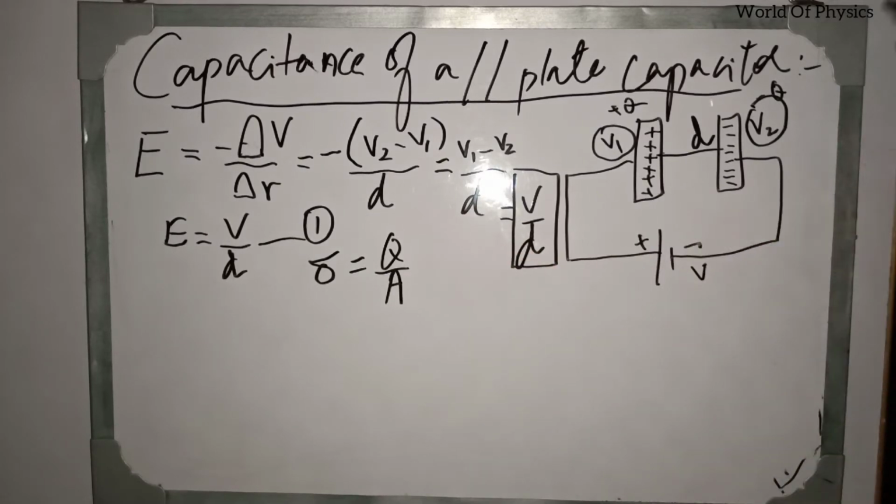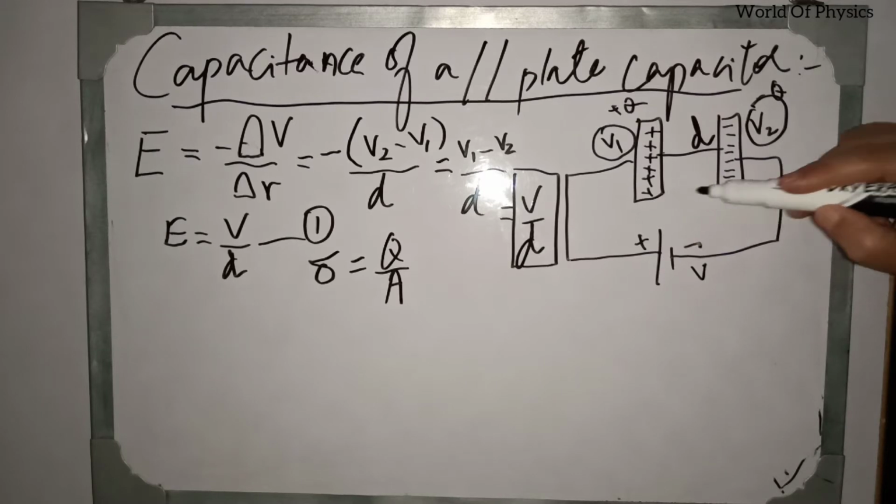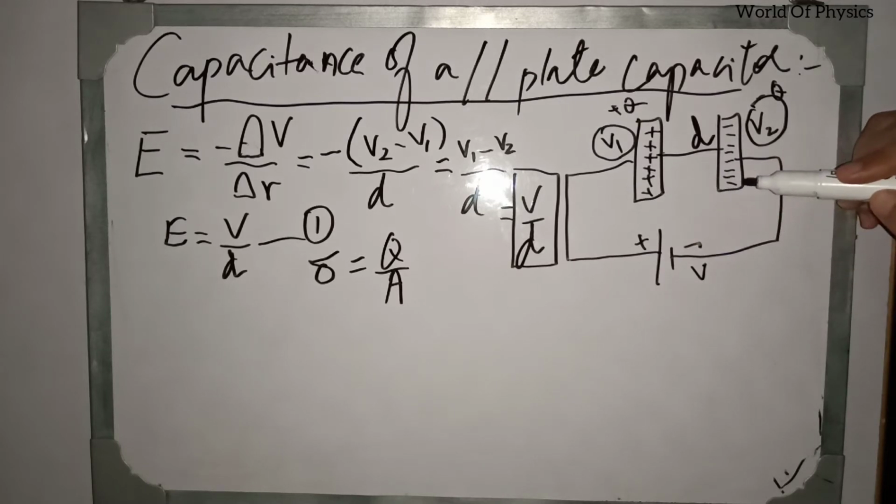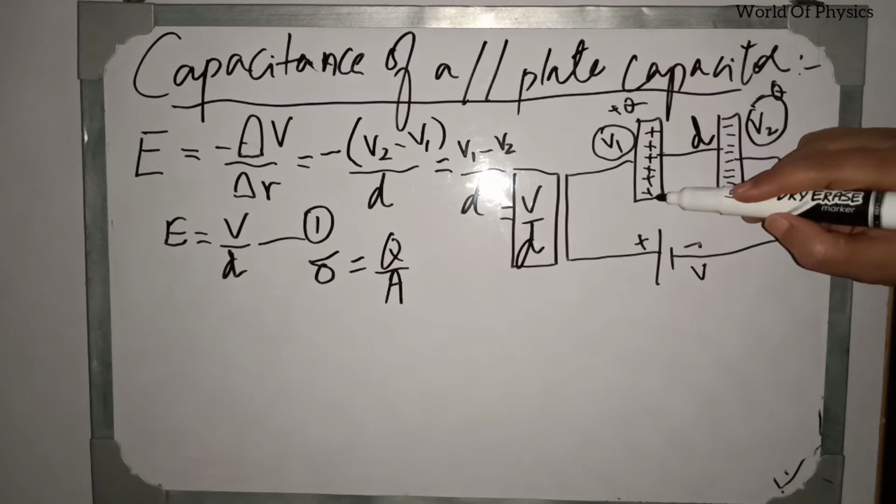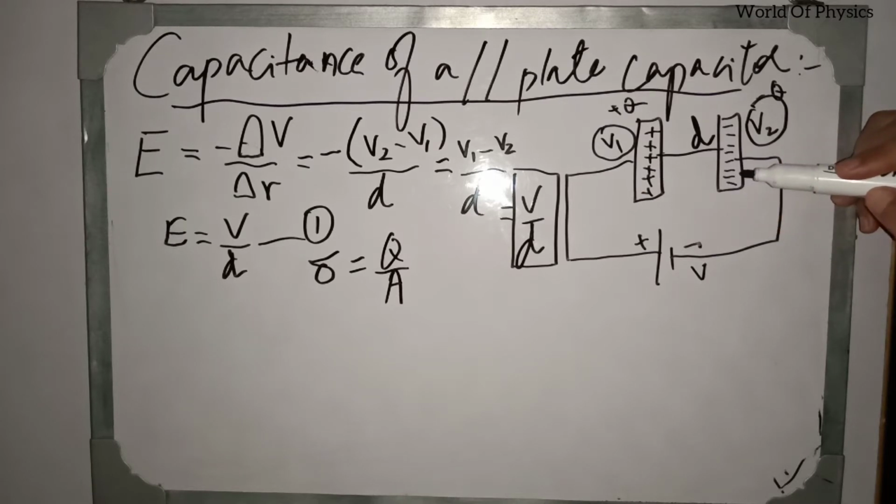Now as in this case we have two parallel metal plates and two oppositely charged parallel plates, so definitely we will use Gauss's third application over here. In Gauss's third application, we already have found the value of electric field between two parallel charged metal plates.